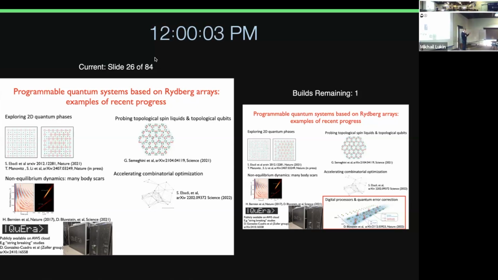But when the atoms are close to each other, this Rydberg blockade interaction can be a fraction of a gigahertz. So the Rabi frequency is much smaller than this interaction. That's what corresponds to the Rydberg blockade approximation.